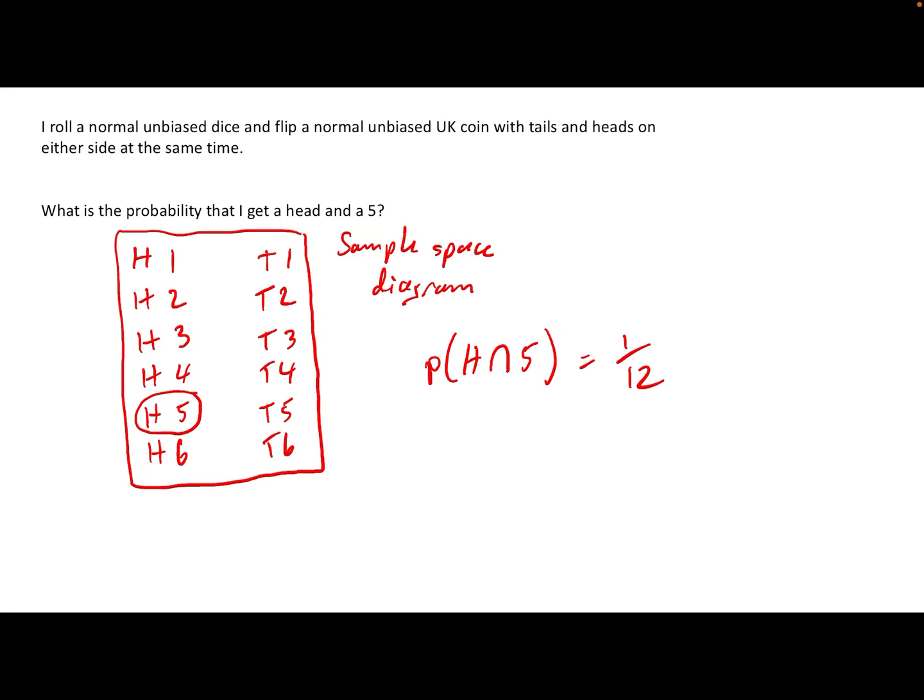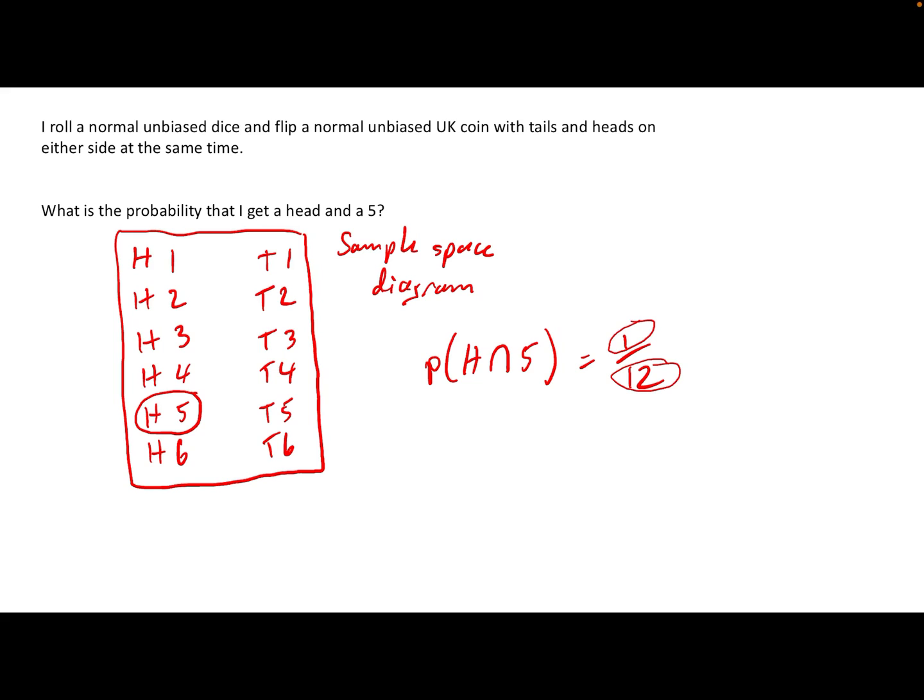The sample space diagram is really useful, because it will tell us the total number of outcomes that could possibly happen. That should be the denominator. And then the number of successful outcomes to suit what you're looking for is going to be the numerator. So very easy. Sometimes a simple list is the best sample space diagram.